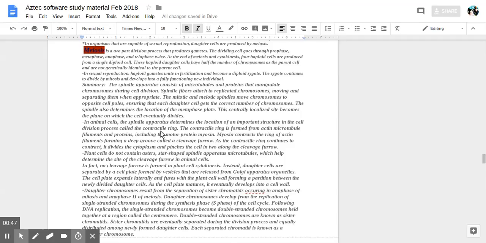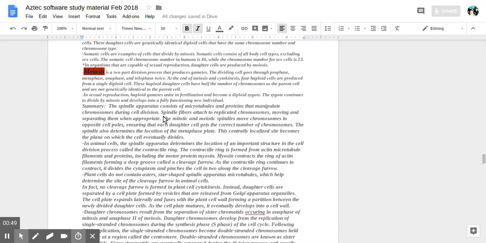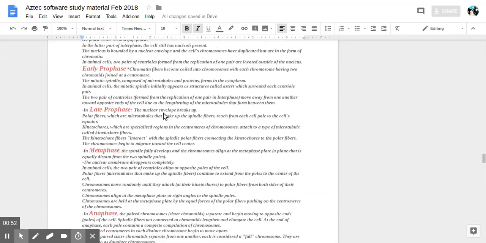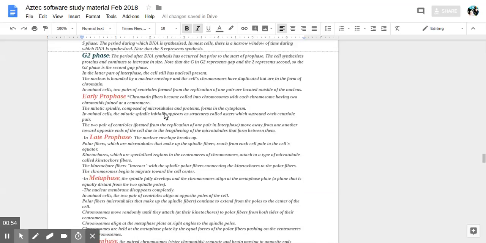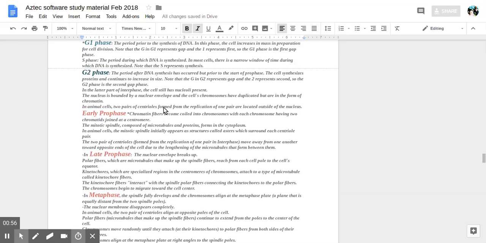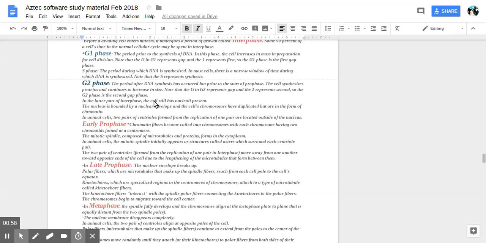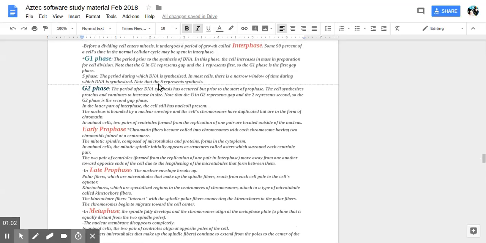So we discussed the steps in mitosis, and now we're going to go over meiosis, which is similar to mitosis. It's also cell division. The only difference is the type of cells that undergo meiosis.